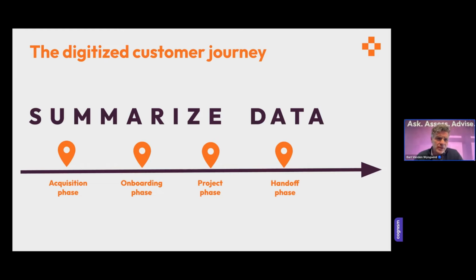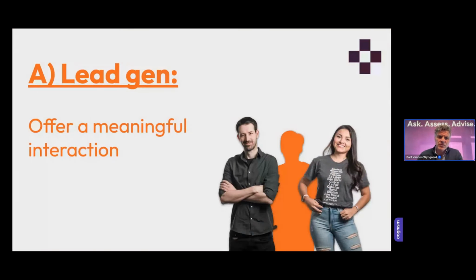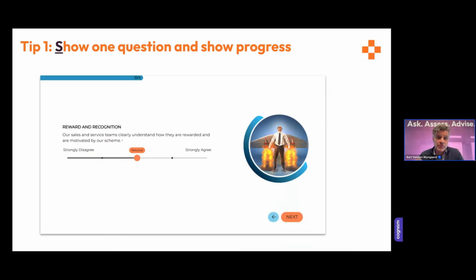So let's dig into it and start with the acquisition phase. That phase I will split into two, lead generation and then lead conversion. In the lead gen phase, when we talk about lead generation, we basically mean finding or making people find their way to your business and get them to give you their contact information to start building the relationship.